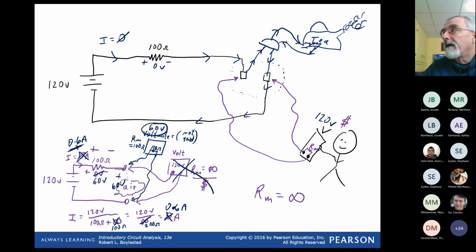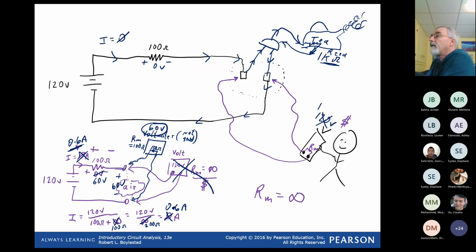How much is the element in my tea kettle? Well, maybe the tea kettle is 1 kilo ohm, and we're going to use the voltage divider: 1K divided by 1K plus 100 times 120. 1,000 divided by 1,100 times 120.